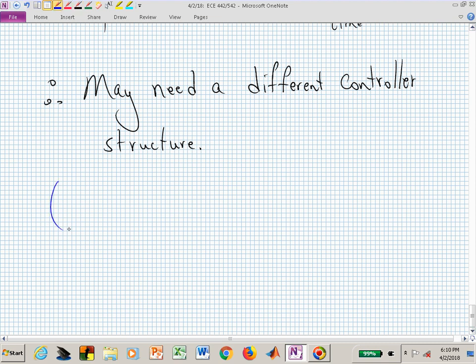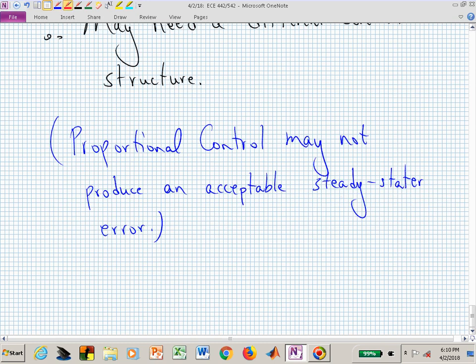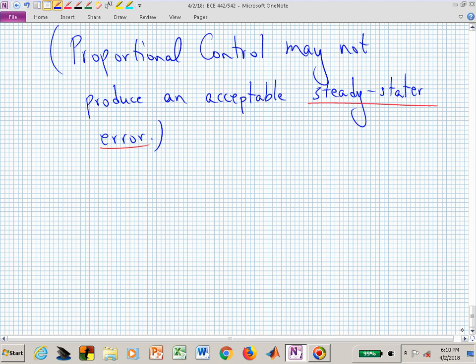Or what this is telling us is that using a proportional control strategy may not produce an acceptable steady state error, even though we might have been happy with the transient.